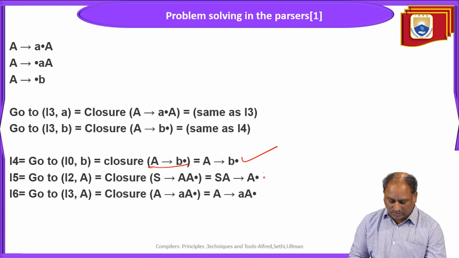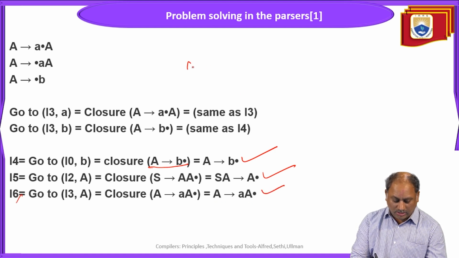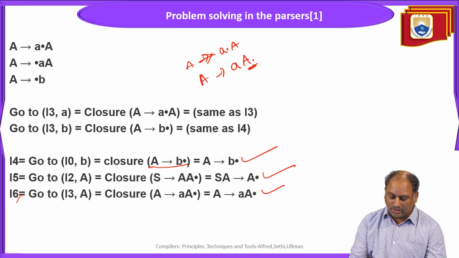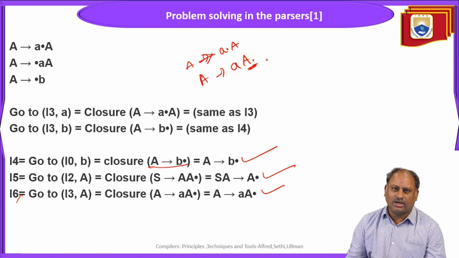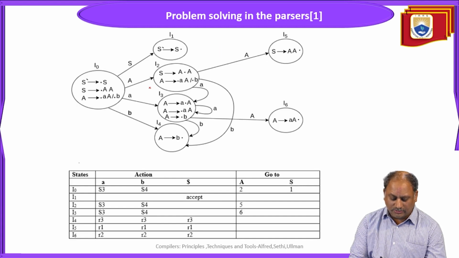Now I5 also is completed with S. A derives I6, it is also A derives small a dot A, and from this we get A derives small a capital A dot. So it has reached the dot. Whenever the dot is reached at the end of the production, then we can complete the process.